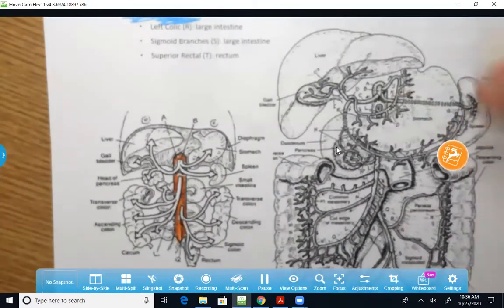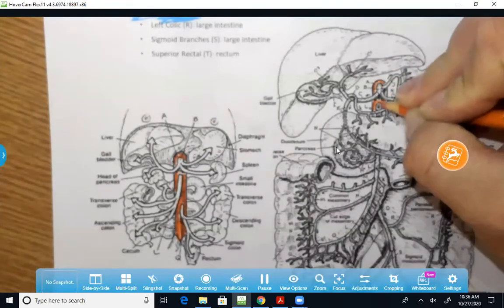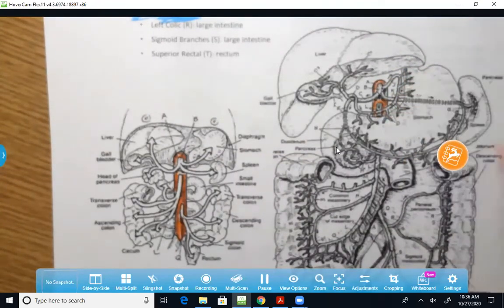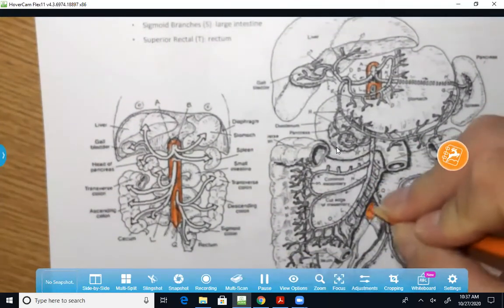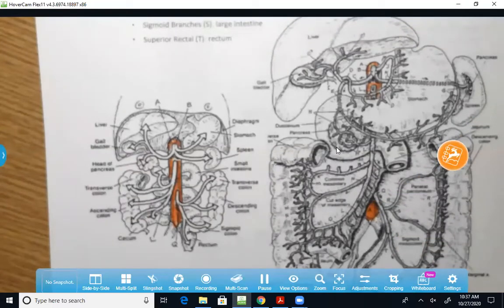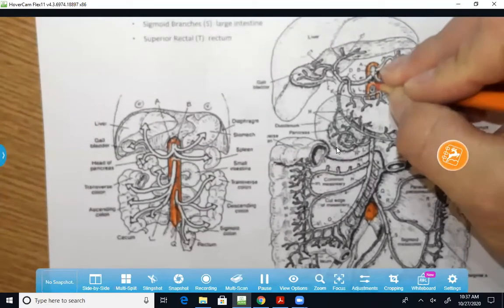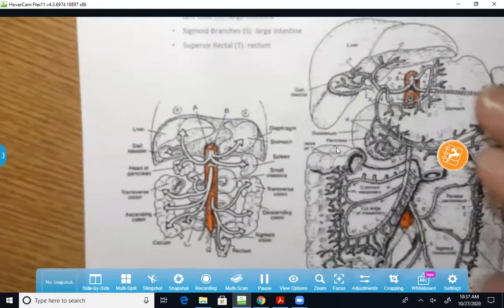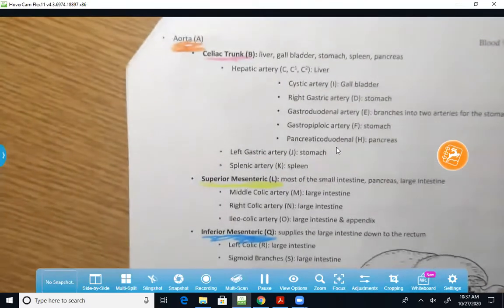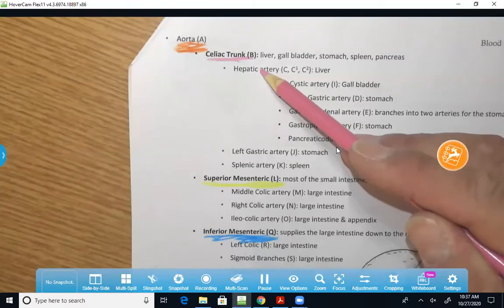Over here on the right side, your aorta is really, since most of those organs are intact, we can't see a good portion of it. You just see little snippets of it here and there, the top and bottom. Okay, first branch coming off of it, your celiac trunk, and as you can see, coming off the celiac trunk, hepatic is a term that always refers to liver.